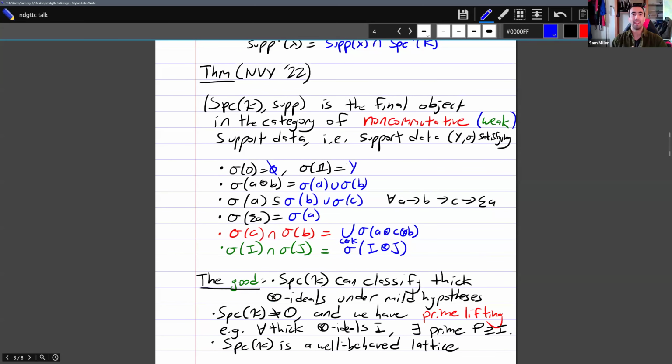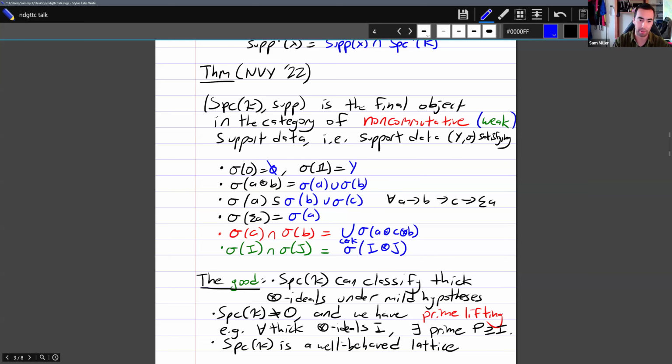And this ends up being a very nice generalization of the standard Balmer spectrum. So again, we have that Spec K can classify thick tensor ideals under some mild hypotheses. The classification is a bit different. Essentially, what you do is you have some support data, and you show that it satisfies some sort of faithfulness condition.